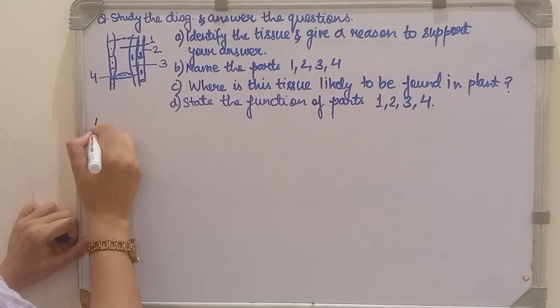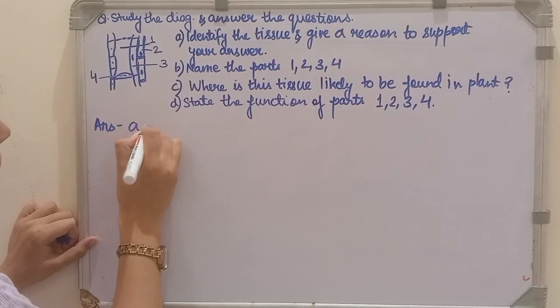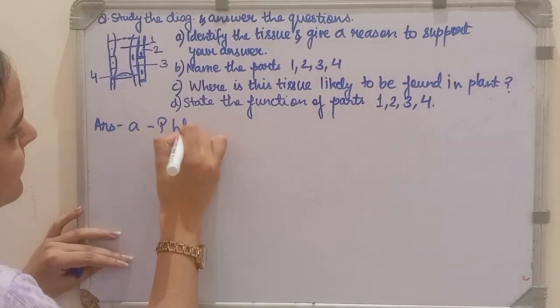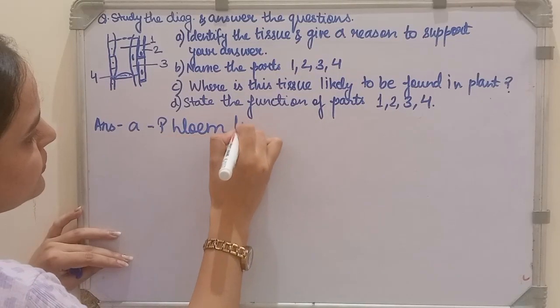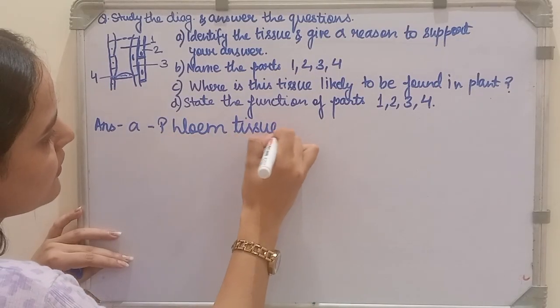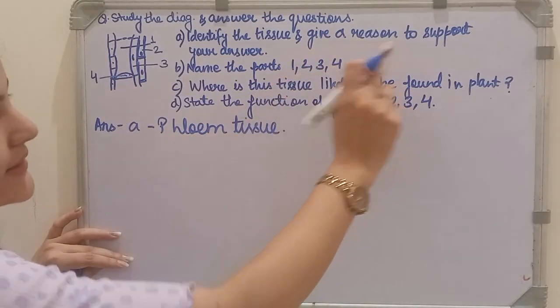So answer for A is, it is a phloem tissue. Okay. What is the reason?